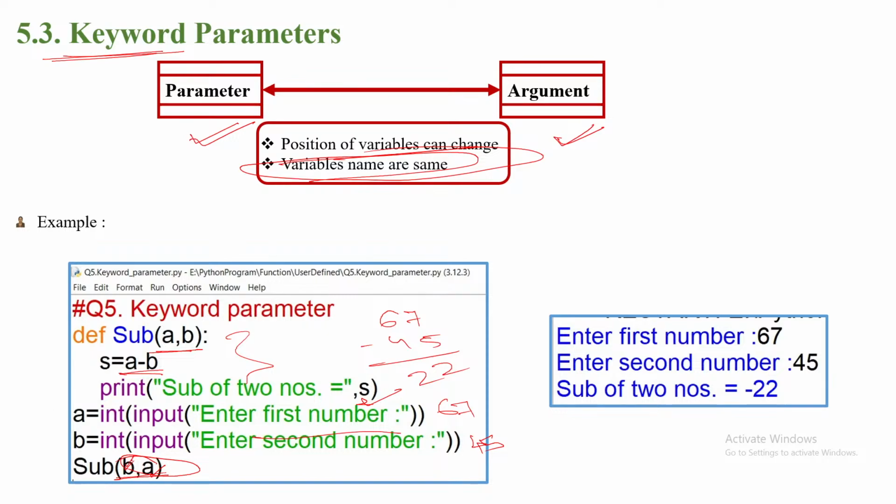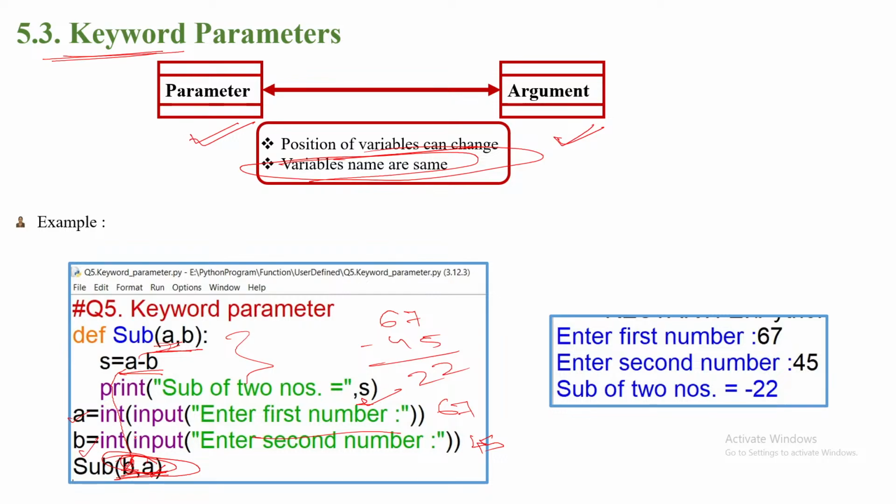The first function call argument goes to the first parameter, then second for second. But here positions we can change because we are using the same variable names, right? So if we interchange the position of the variables, it will not hamper the result, right?